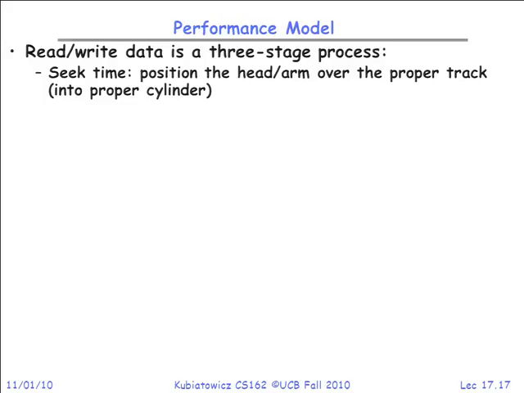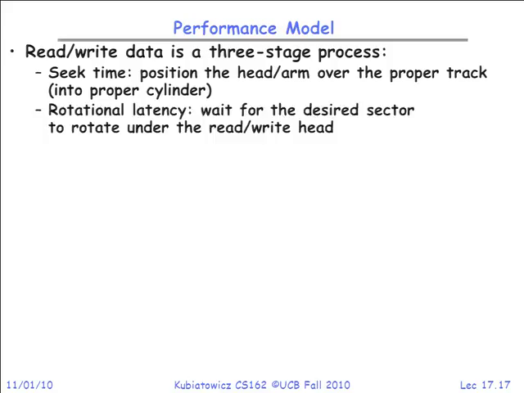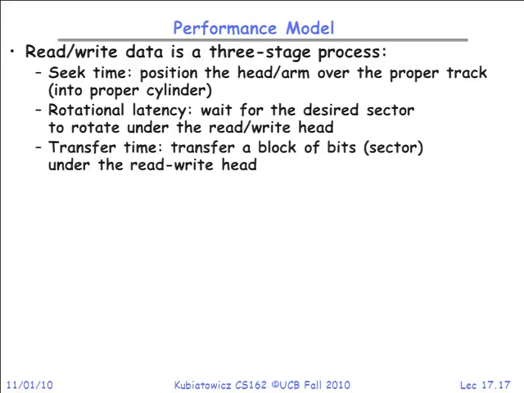Just because we're on the right cylinder doesn't mean we don't have to wait for the disk to go around until we hit the sector we want, right? Because the sector could be on the wrong side of the disk when we first get our heads there. And then finally, there's transfer time. And this has to do with whatever the bandwidth is at that cylinder coming off the disk. Okay, so these 3 physical components make up the actual disk time.